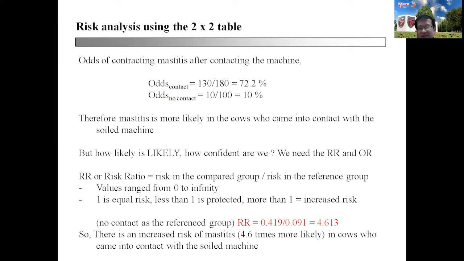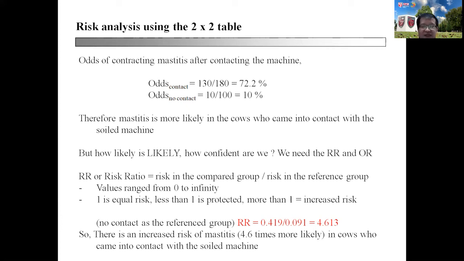The odds of getting mastitis, even though the animal did not come into contact with the machine, will be 10 over 100 instead of 10 over 110. So in this case, the odds will be 10%. And the conclusions are the same. Mastitis is more likely to happen in cows who come into contact with the machine.